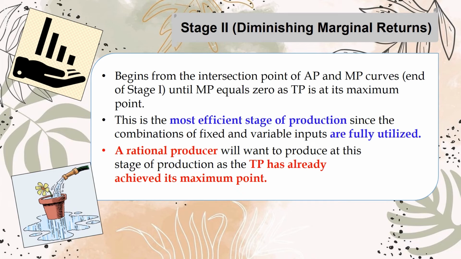Stage 2 is the most efficient stage of production because the combination between fixed inputs and variable inputs are efficient as both inputs are fully utilized. At this stage, there is no wastage and unemployment. A rational producer will want to produce at this stage of production as the TP has already achieved its maximum point.